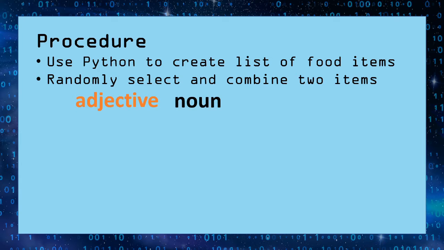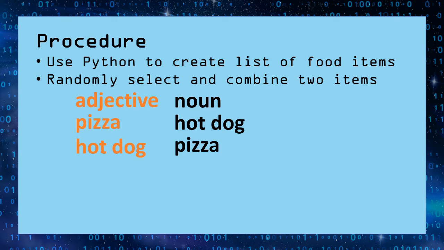So say you have two food items, you have pizza and hot dogs. You can have it in this order, but you can have it in the other order as well. The same two, hot dog, pizza. And you can see that these would be two different foods depending on which one's the adjective and which one's the noun. A pizza hot dog will probably be on a bun with a hot dog and maybe some toppings of cheese and pepperoni. Whereas a hot dog pizza is going to be a big thing of dough with sauce and maybe cut up hot dogs on it.